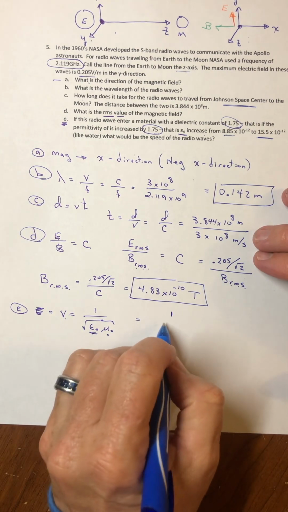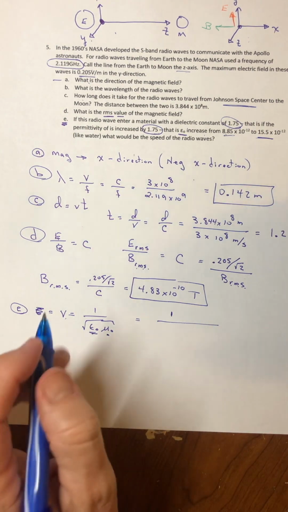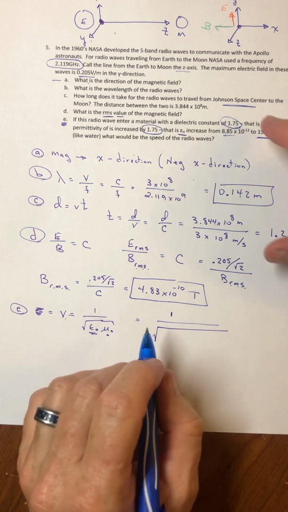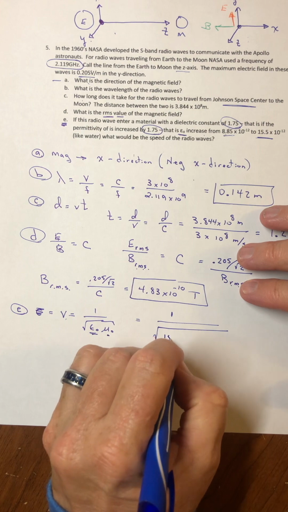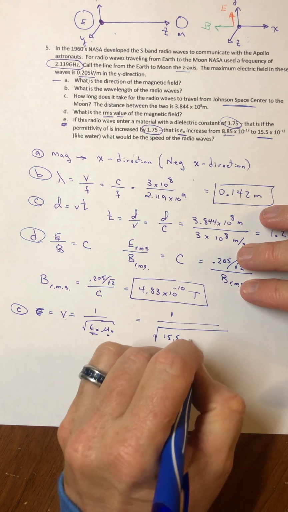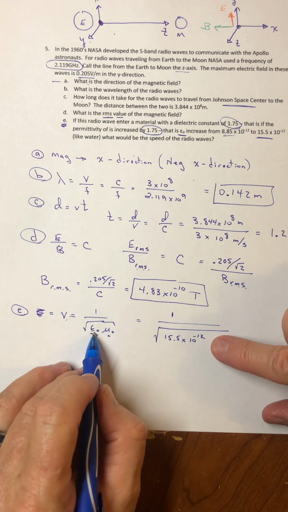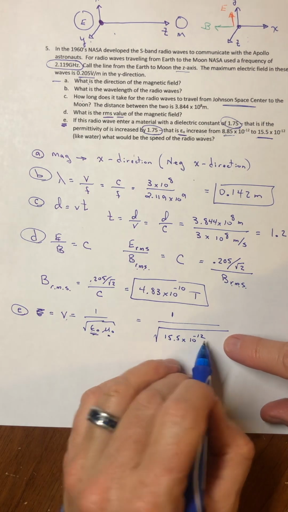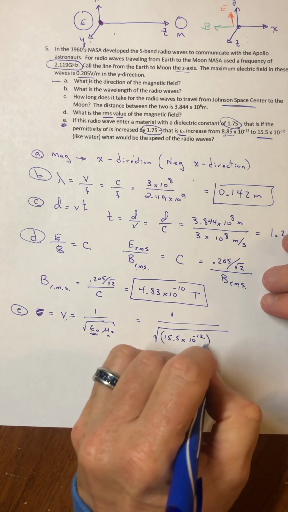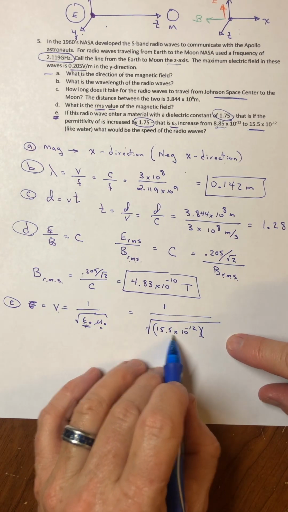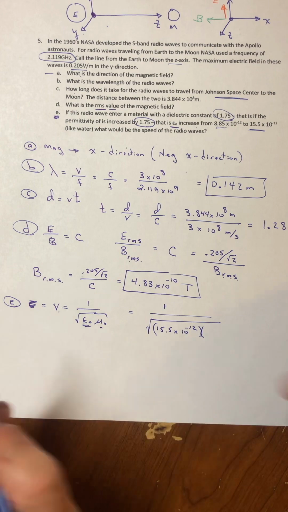So here, the speed of light, or the speed of radio waves, would change because of the electrical properties. Instead of putting in 8.85 times 10 to the minus 12, I'm going to put in 15.5 times 10 to the minus 12.